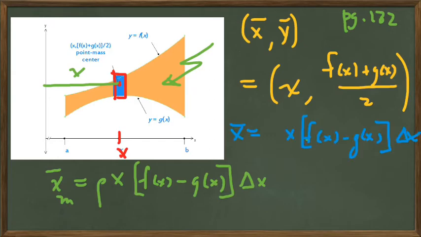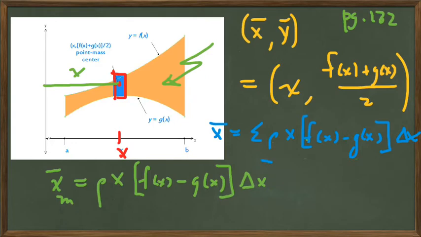The distance is x, and the weight is the area times the density rho. And we need to add up all of those moments. And then we also need to divide by the weight.